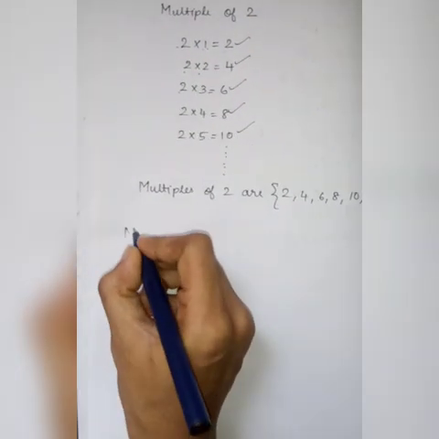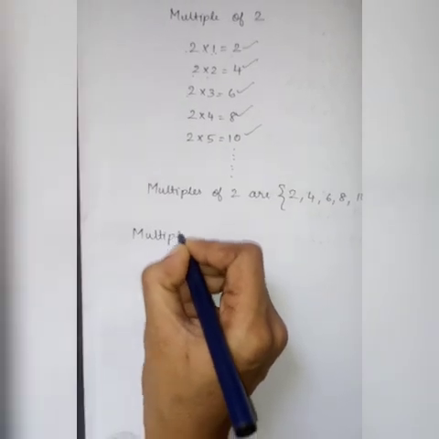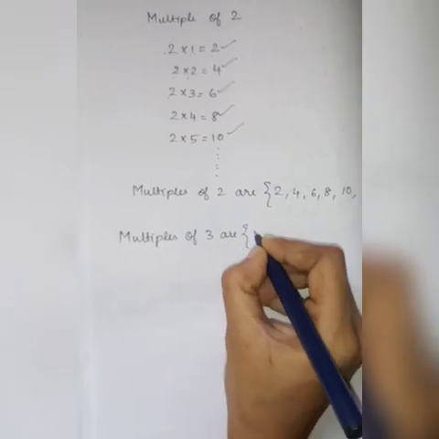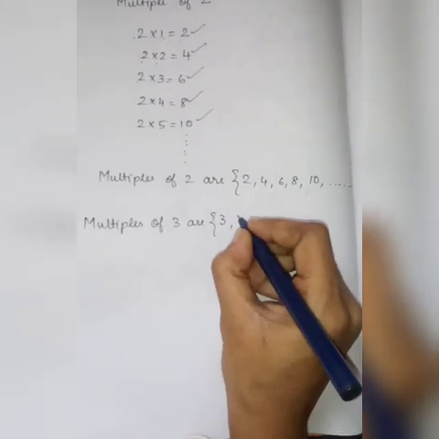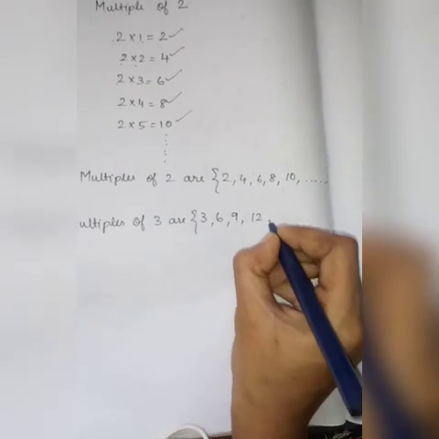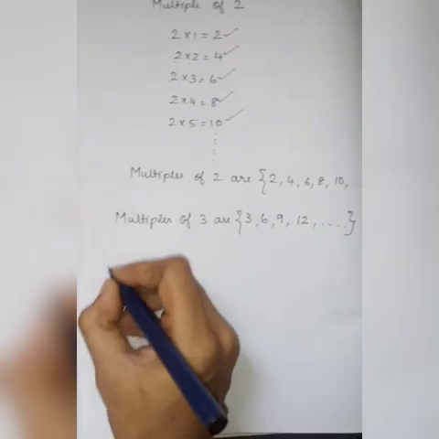Can we write the multiples of 3 without writing this? 3 ones are 3, 3 twos are 6, 3 threes are 9, 3 fours are 12, and so on.